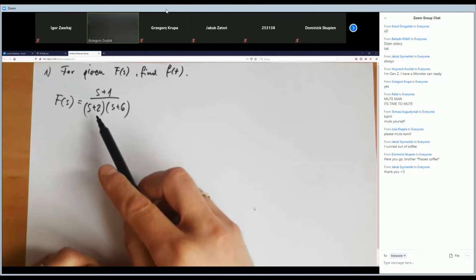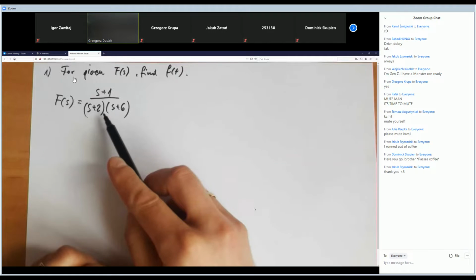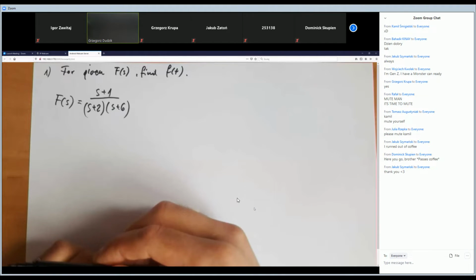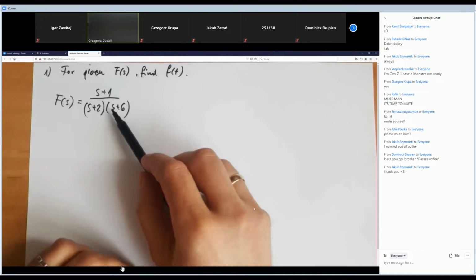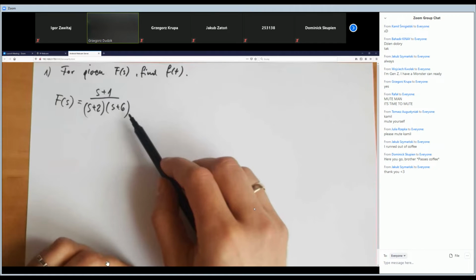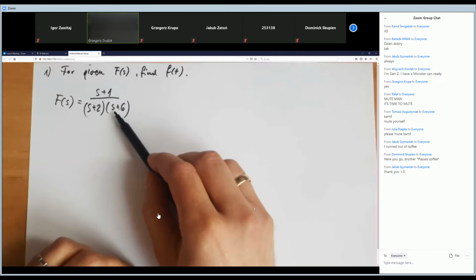What is the root for the first component, s plus 2? Do you know how many it is? Minus 2, yeah? That's right. For the second, s plus 6, this component is equal to 0 when s is equal to minus 6, so this is the root for it.